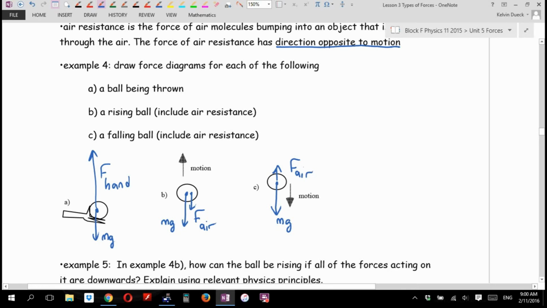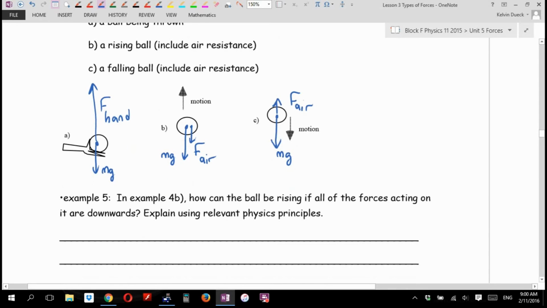But this comes to something that bugs people. In example 4b, that's this one right here. How can the ball be moving up when all the forces on it are acting down? I would argue it was never accelerating up.